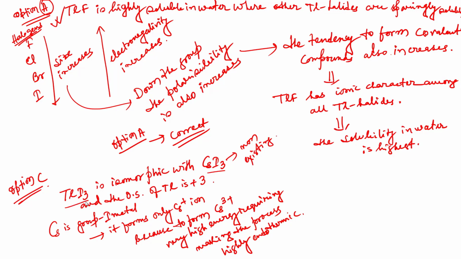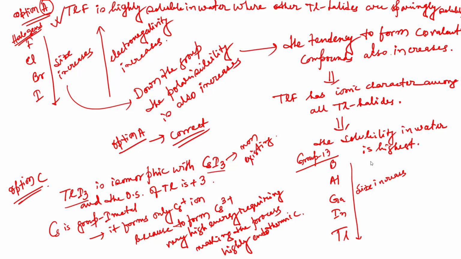Now if you go to the periodic order, that is boron, aluminium, gallium, indium, thallium, group 13, as you go down, size increases.